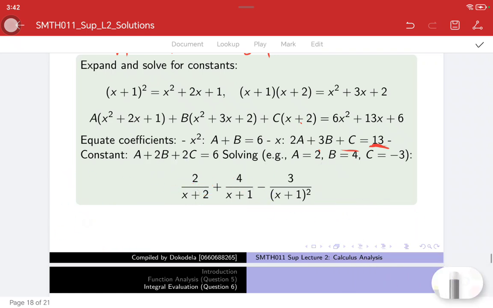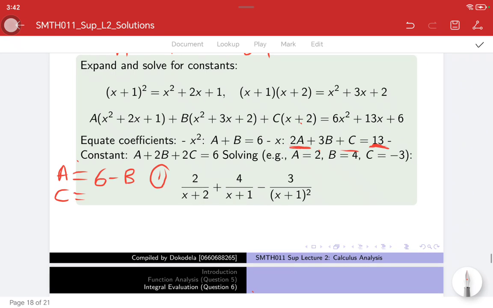I'm going to say, make sure that you pay attention, right? When I make a mistake, you show me that you made a mistake. So say that A is equal to what? 6 minus B, right? I'm going to write this, and we know that C will be equal to, when I plug here, A is 6 minus B, I'm going to get 12 minus 2B, right?